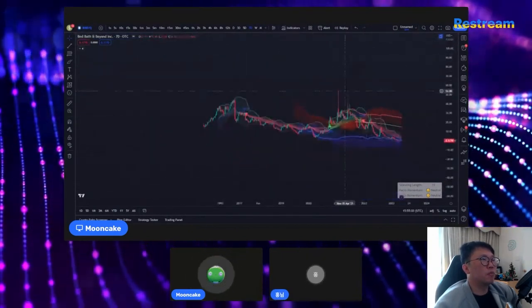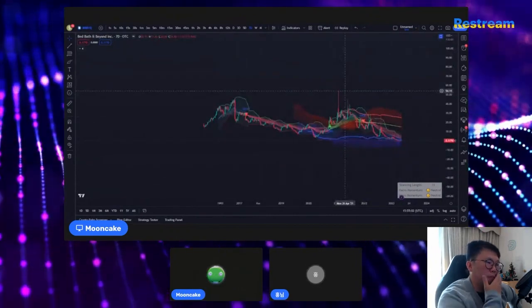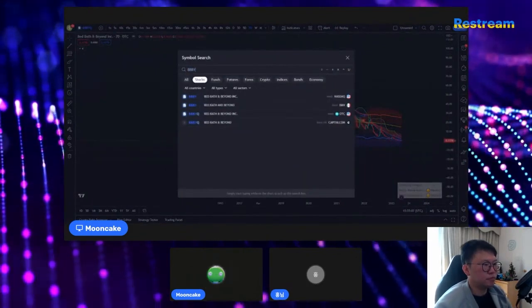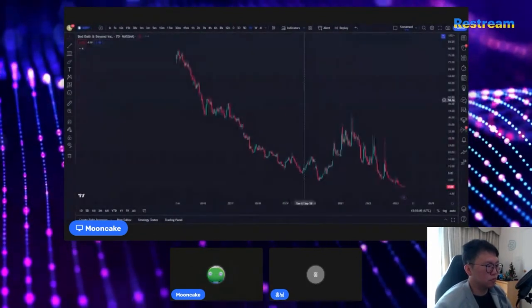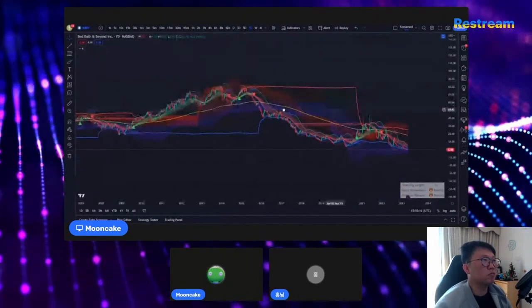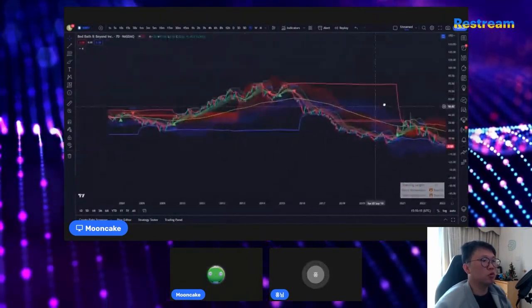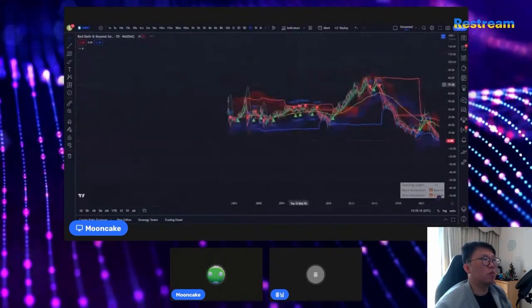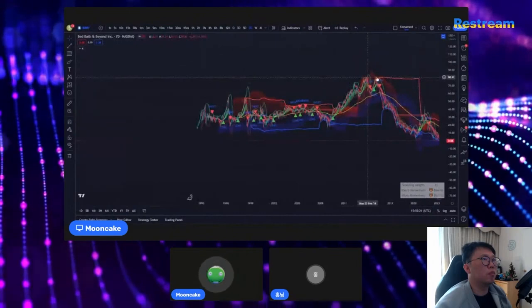Okay, the top is 53, correct? Yep. Okay, and if you go to BBBY, why is this different? Which one? This. Why is the top here 80?